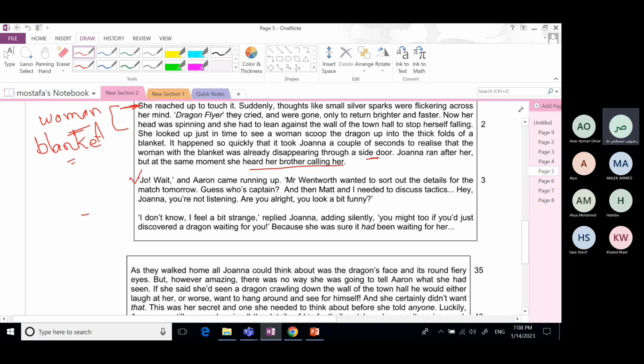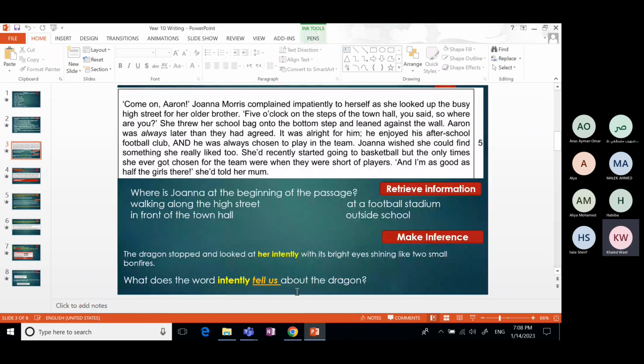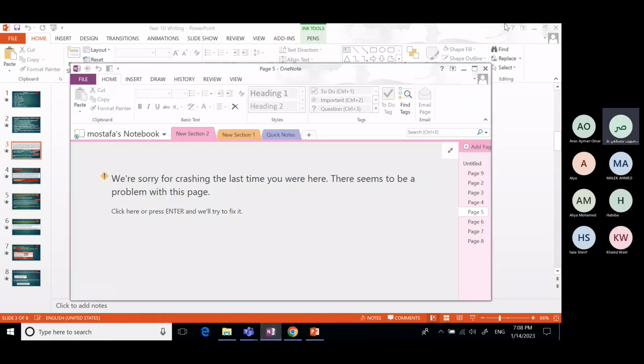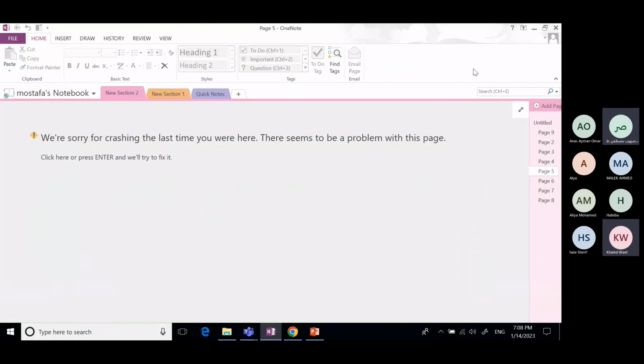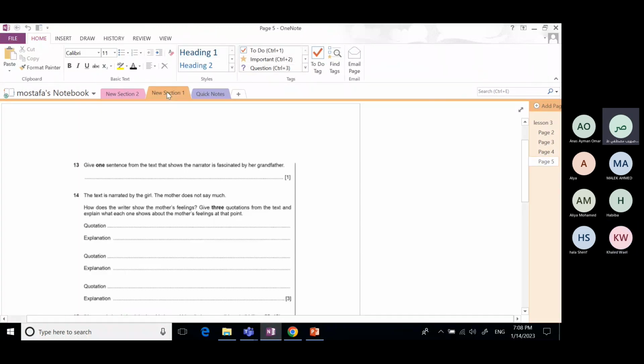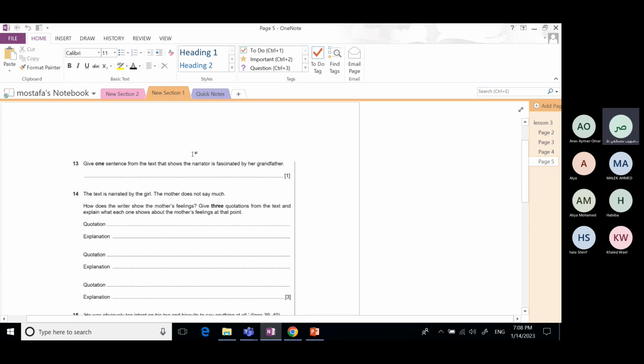Who is talking here in this paragraph? Aaron, her brother, right? Exactly. The speaker in this paragraph is her brother. Good job.